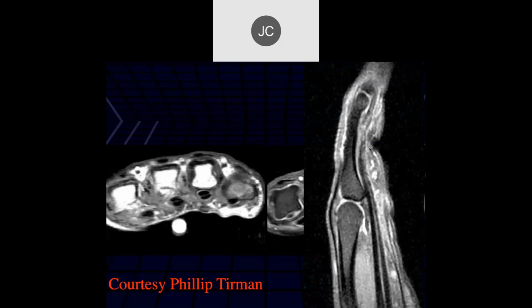It'd be good to compare it to a non-fat suppressed to look at the fat here, and this would all kind of be irregular going along the course of the tendon there with focal areas of fluid collection. This patient couldn't fully extend the digit, and actually mostly the fourth, but also, this is probably the second, third. So it was mostly the third, but I think the second and fourth are a little bit involved as well. Do you have any ideas of what this might be?